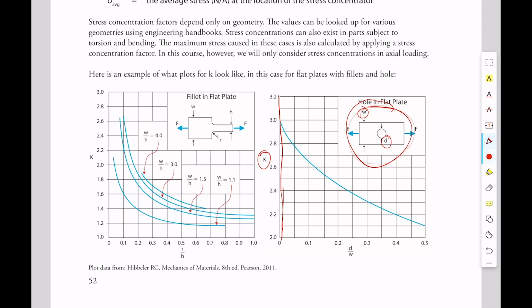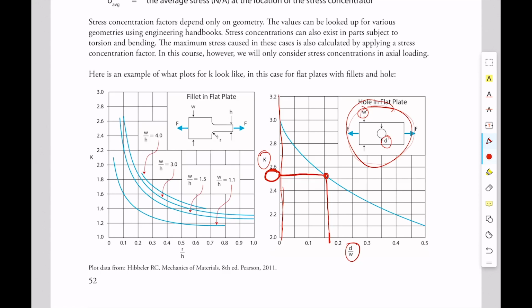The ratio of hole diameter to width of the plate is on the x-axis, and then there's a line on the graph. So you calculate this parameter d over w, find where you are on the x-axis, read up, hit the line, and then read over, and your K value is the corresponding value on the y-axis.